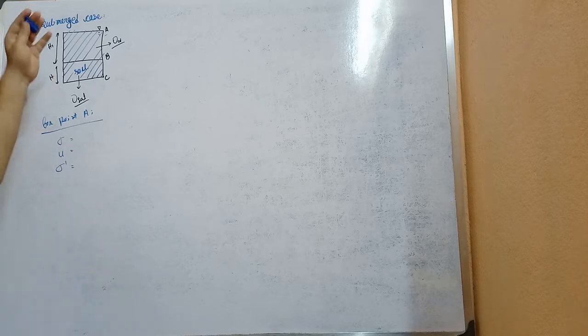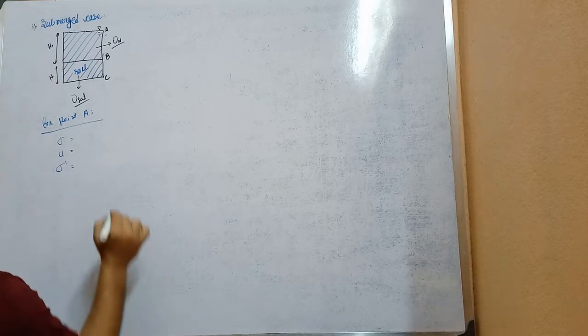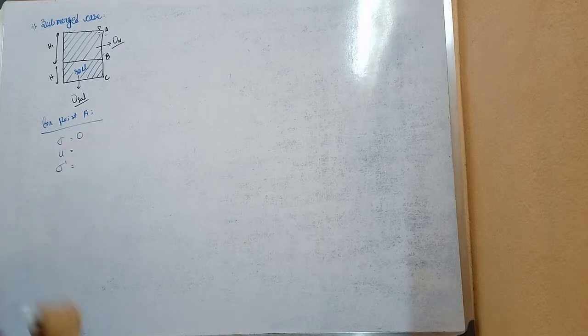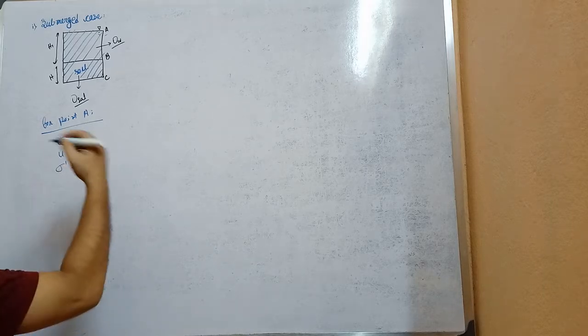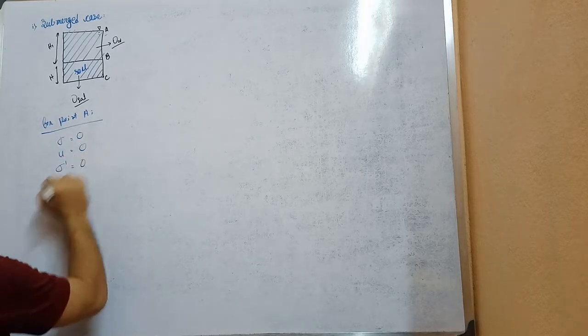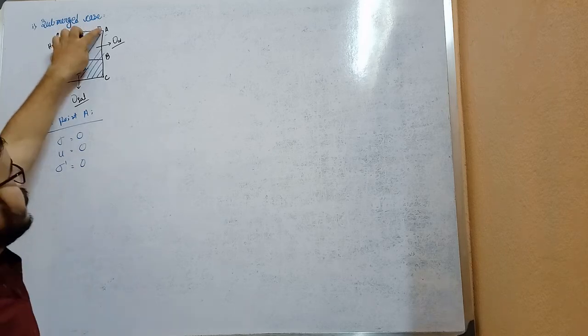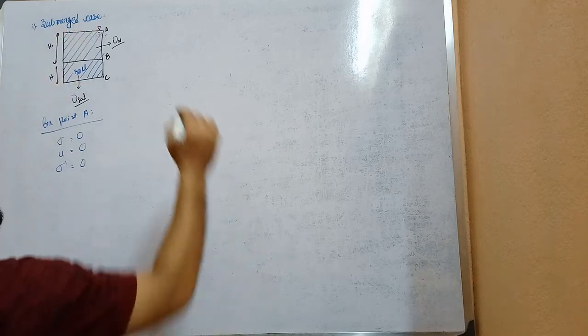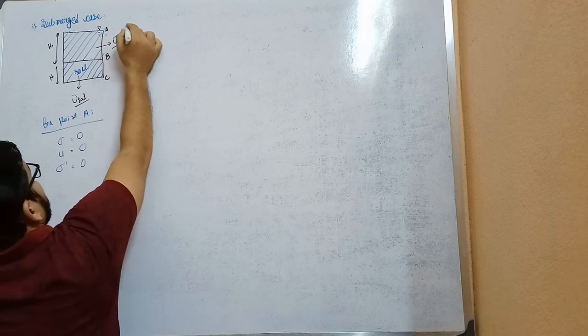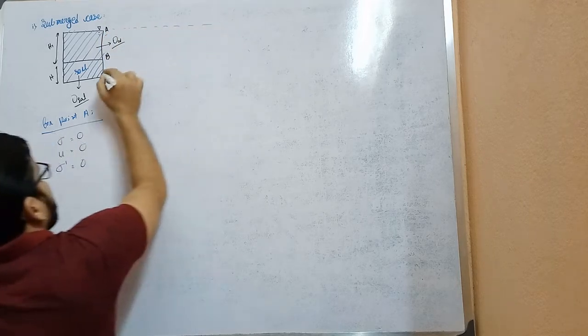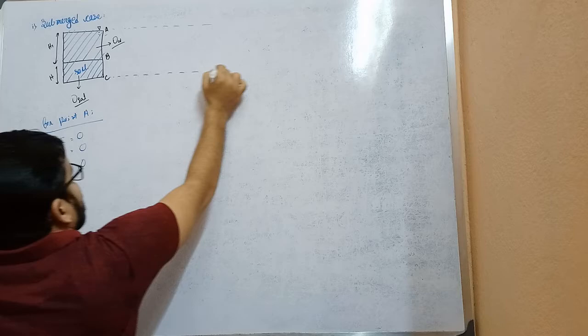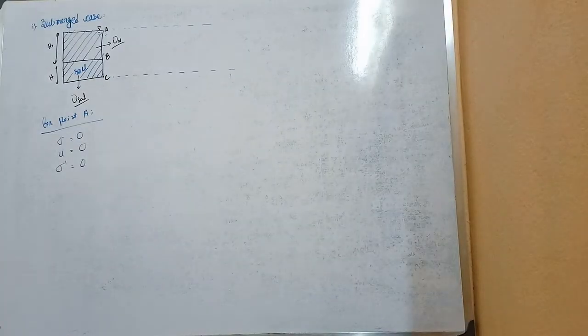As there is no soil above point A, total stress will be 0, no water, 0, and effective stress will be 0 at point A. Okay, and now draw a diagram beside this.